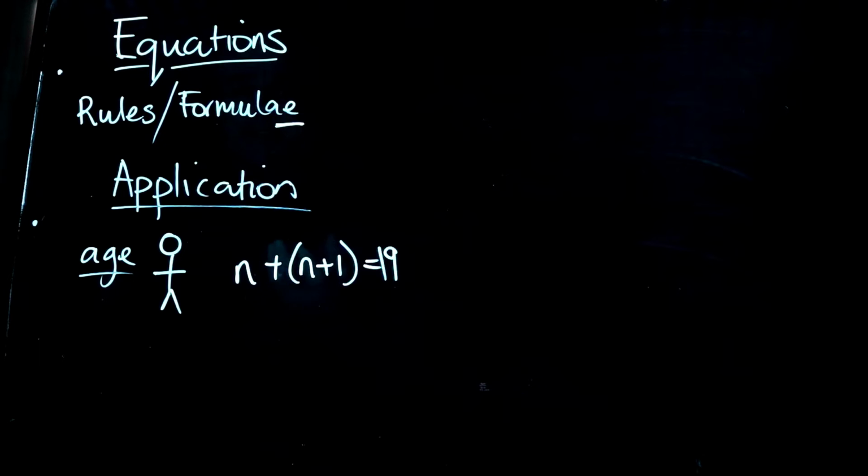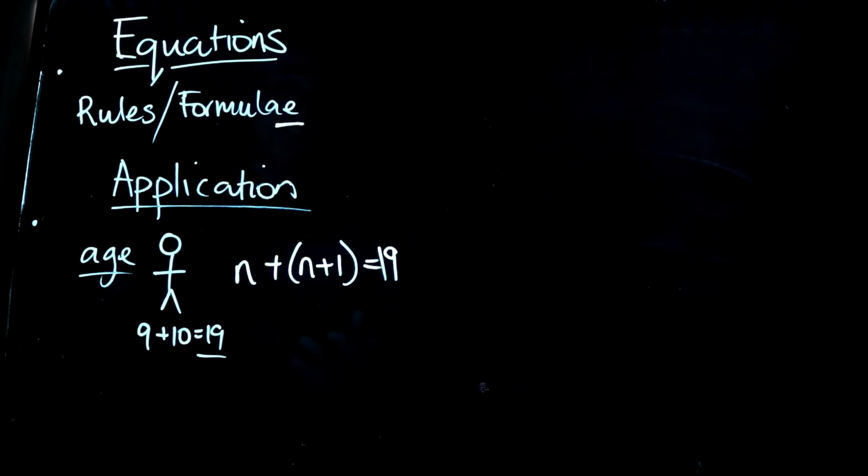And it's a consecutive number game in disguise, and you can work this out without the algebra, because if the sum of the two ages is 19, well, I think currently he has to be 9 years old, and next year he'll be 10 years old, and they'll add together to be 19.